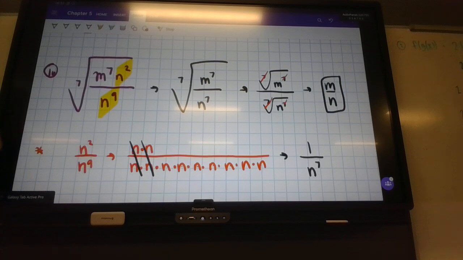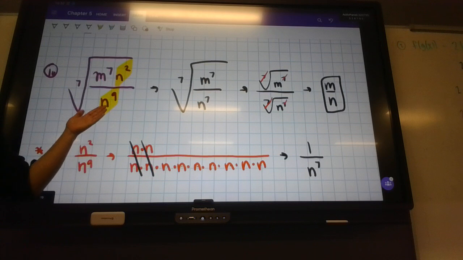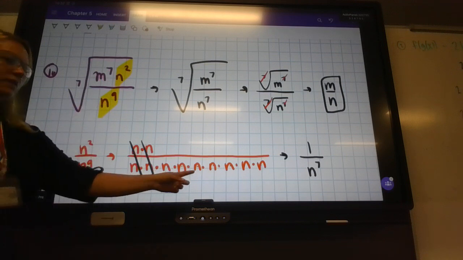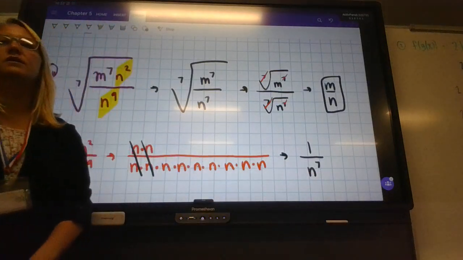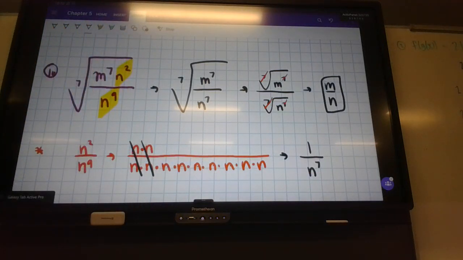But for me, I've practiced a lot, so I just see the difference. I know the difference between 2 and 9 is 7. And since there's more on the bottom, you'll end up with n to the 7th in the denominator. Then I separate it.